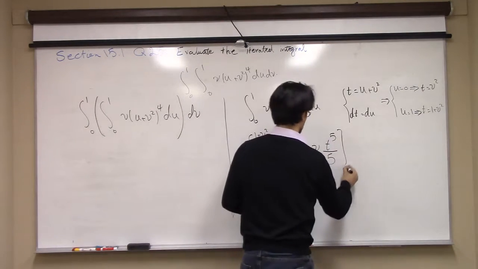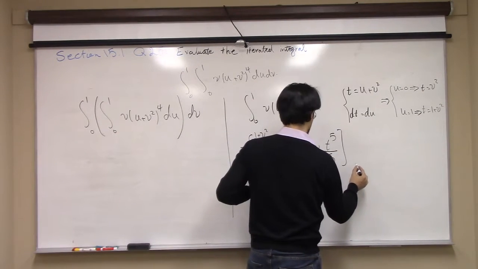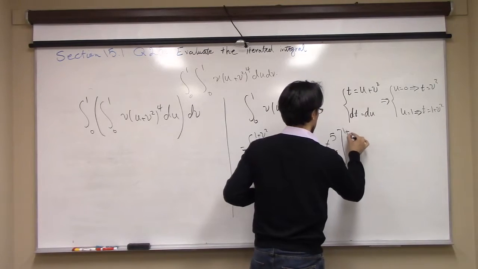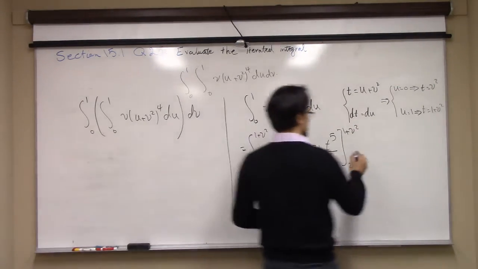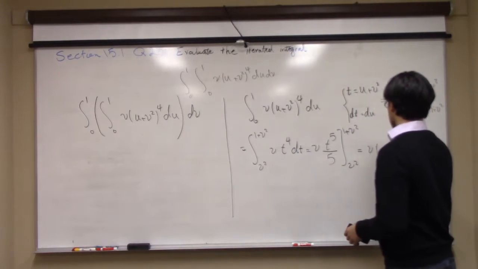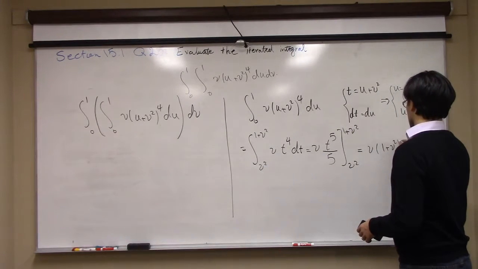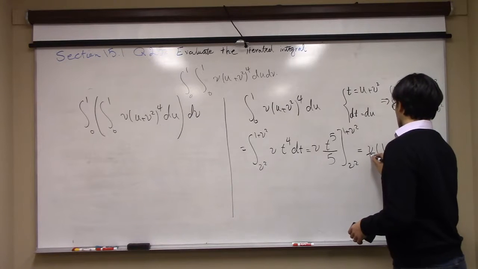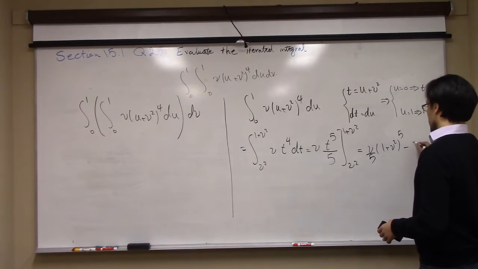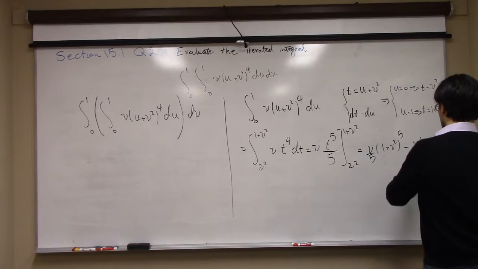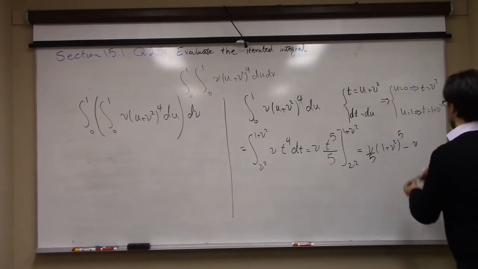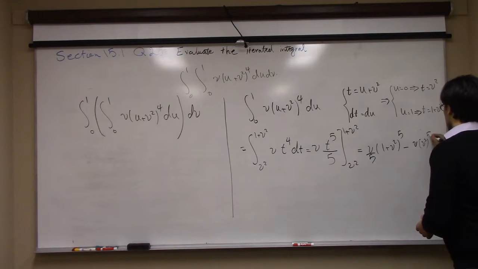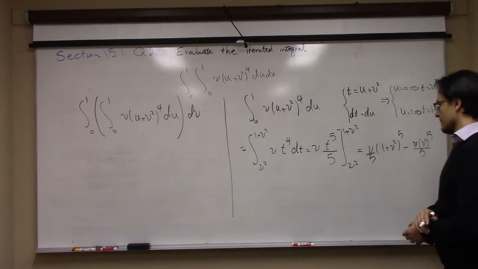Then I have to change it from v squared to 1 plus v squared. And the result is v times (1 plus v squared) to the power 5 over 5, minus v times v squared to the power 5 over 5.